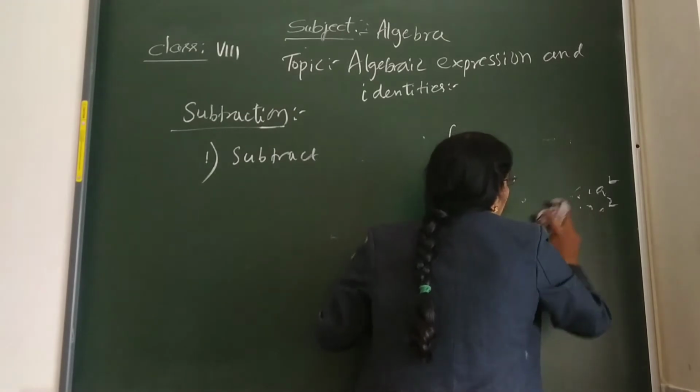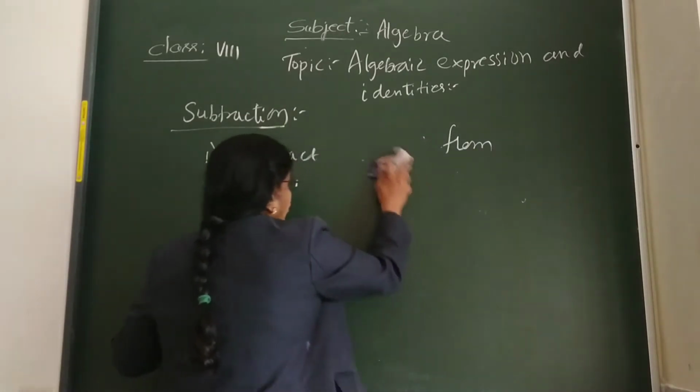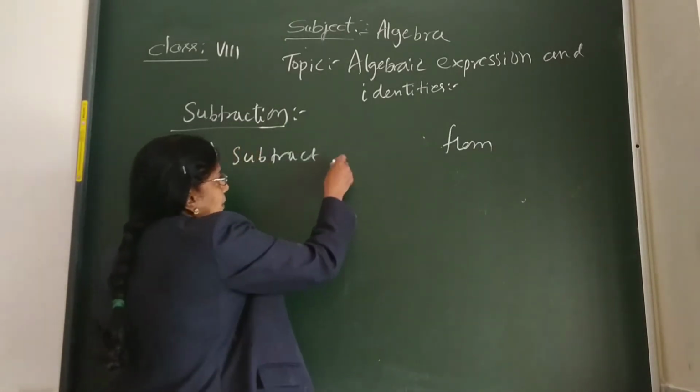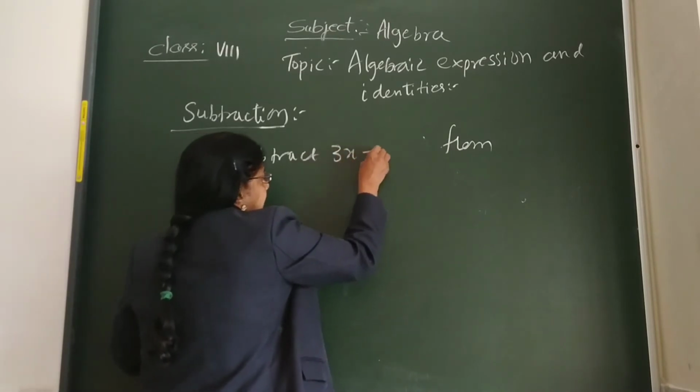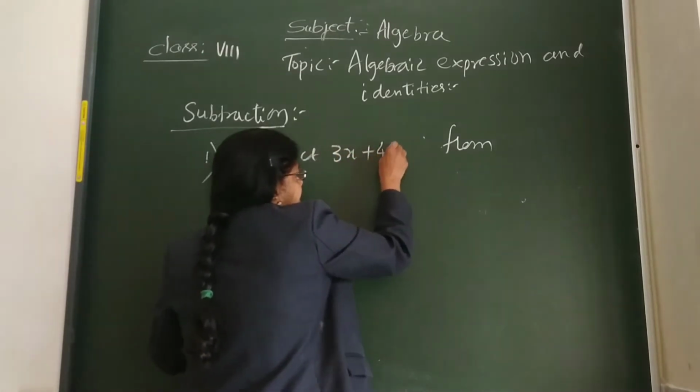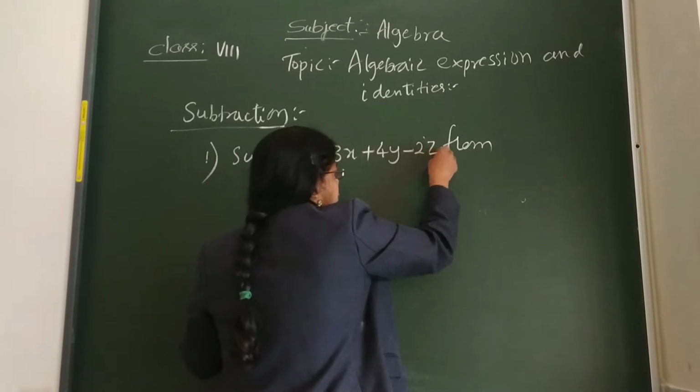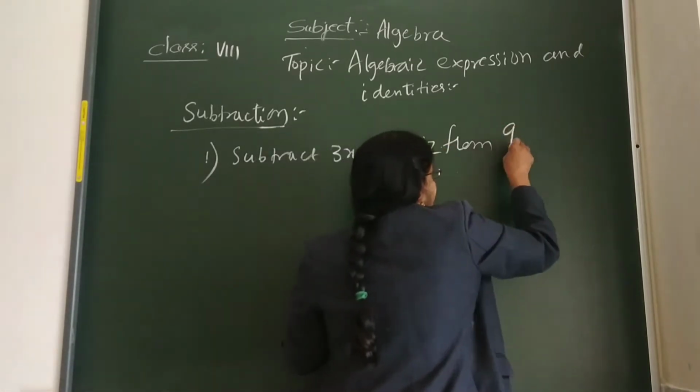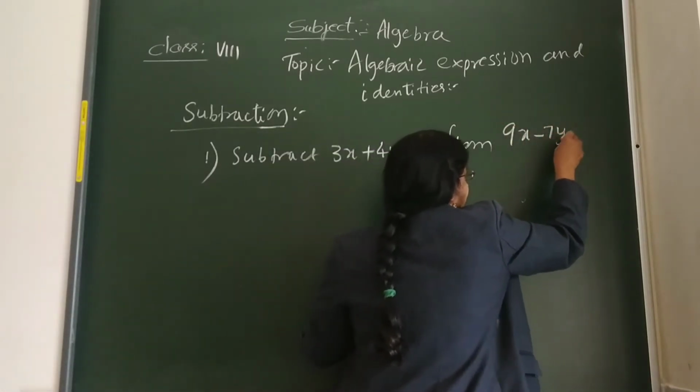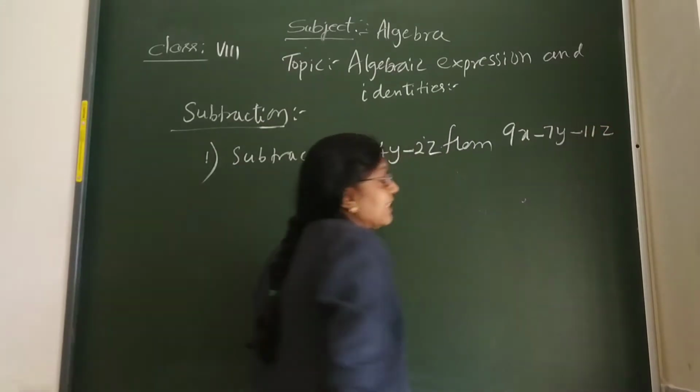Same way you can do subtraction for trinomials also. Let us see one example. Subtract 3x plus 4y minus 2z from 9x minus 7y minus 11z.